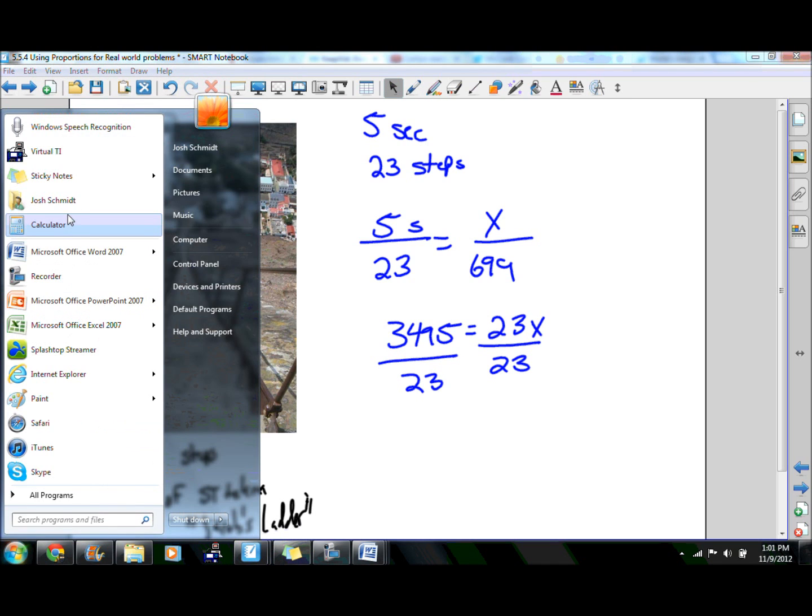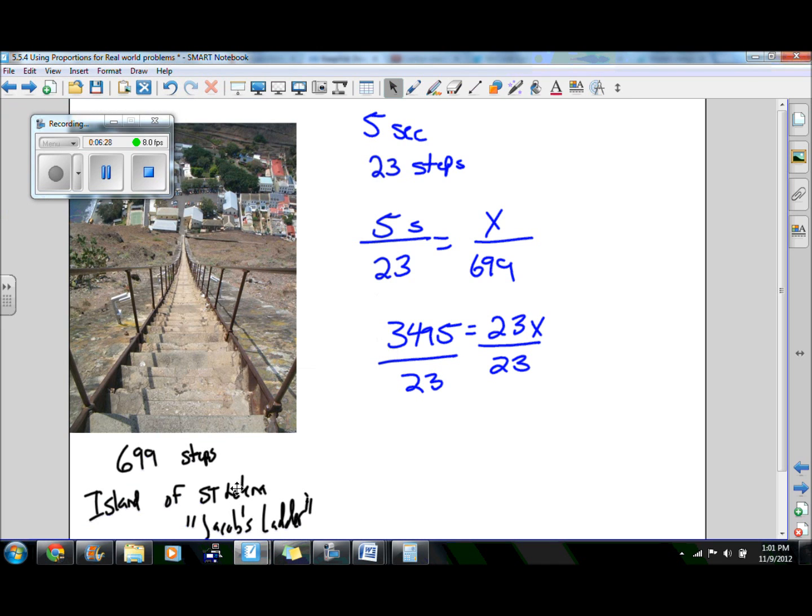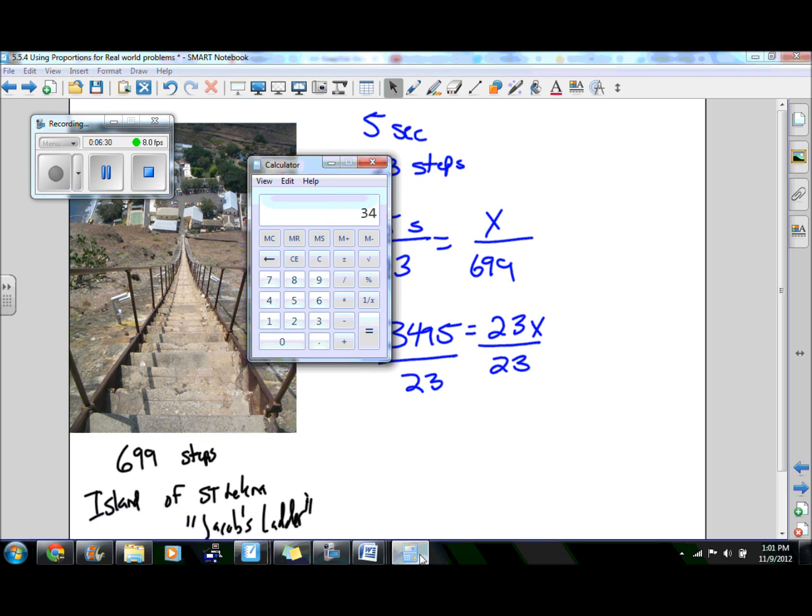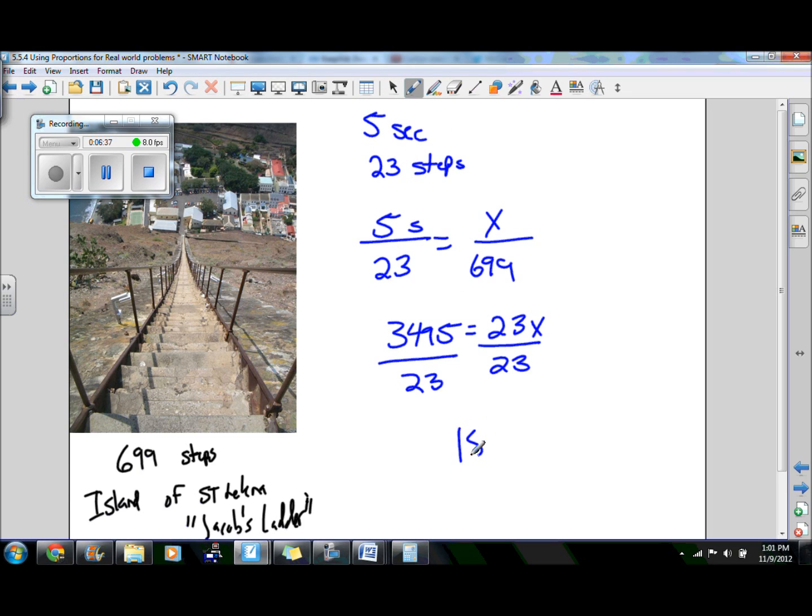So it would take her about 152 seconds is what it looks like. But no one talks about it that way, so we would figure out, well, 120 seconds is 2 minutes, and we'd have 32 seconds left over. 2 minutes and 32 seconds.